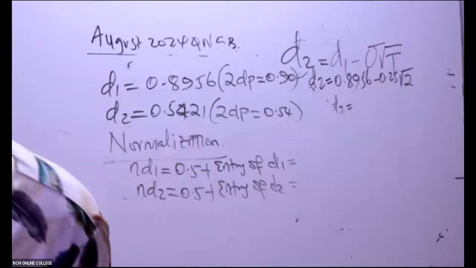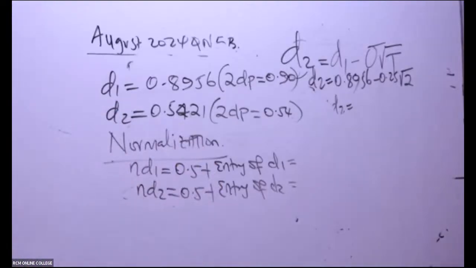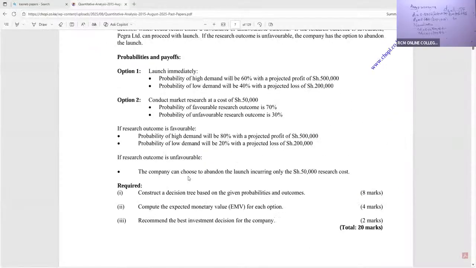All right. So then I'm trying to get my normal table. The normal table that I have here is very interesting. It's on the QA paper.